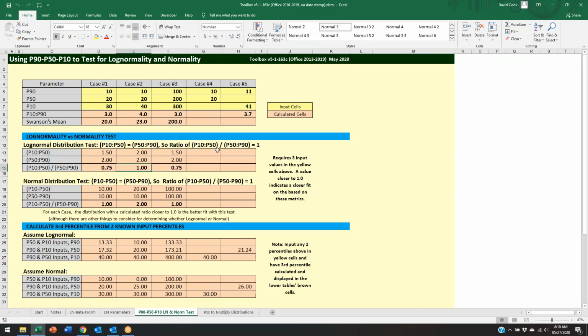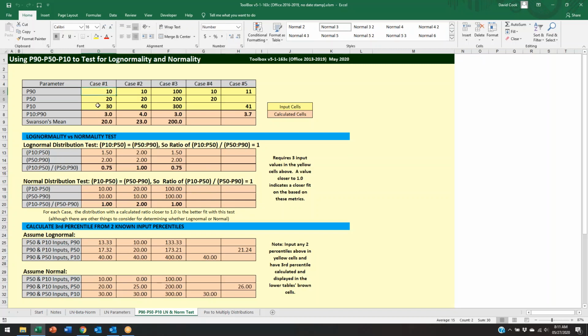If you divide those 2 ratios, then a log normal distribution would be equal to 1. In this particular example, it's 10, 20, 30. The ratio is not exactly equal to 1, so it suggests it isn't quite a log normal distribution. When you look at ratios of the differences between P10 and P50 and between P50 and P90, the ratio of those should equal 1.